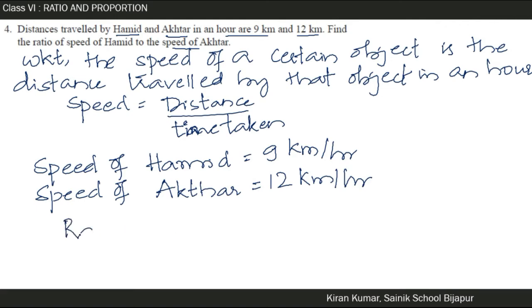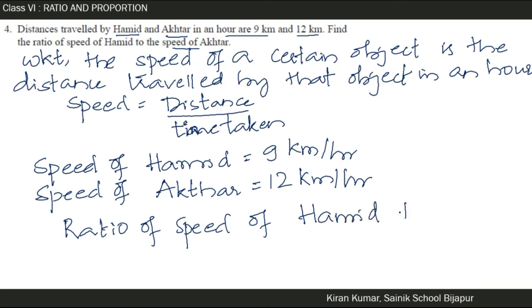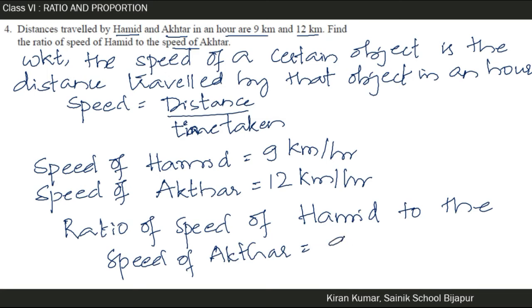Therefore, the ratio of the speed of Hamid to the speed of Akhtar will be equal to 9 upon 12. This will be 3:4, since 3 times 4 is 12.